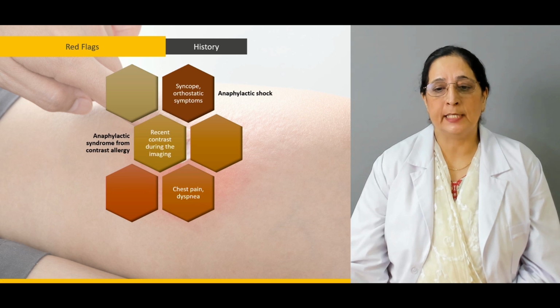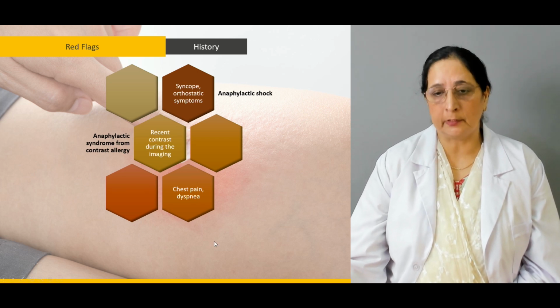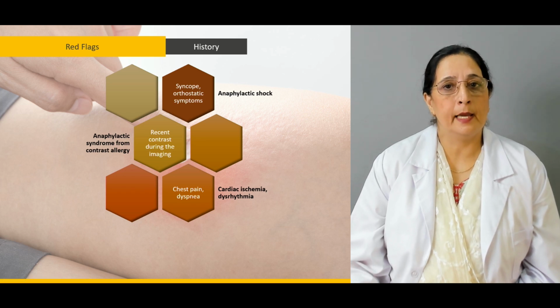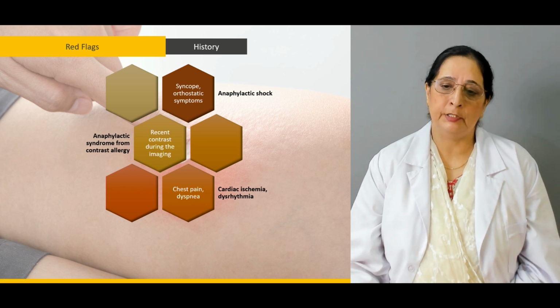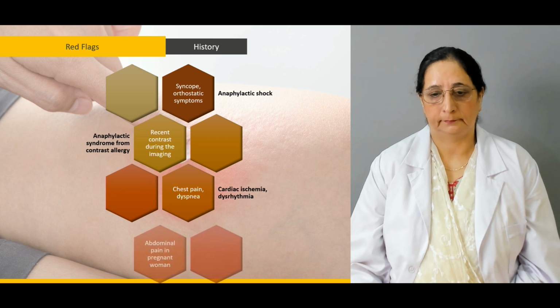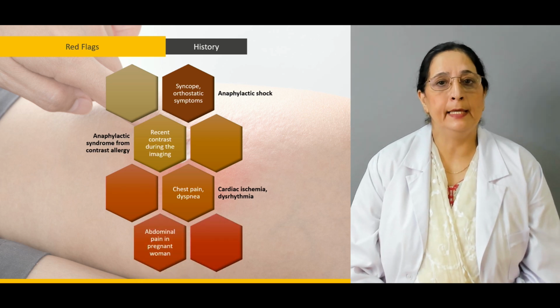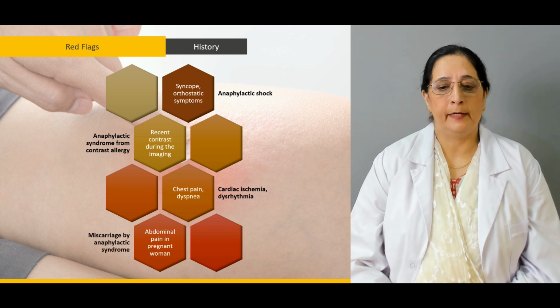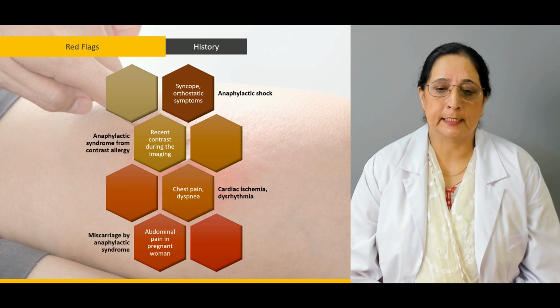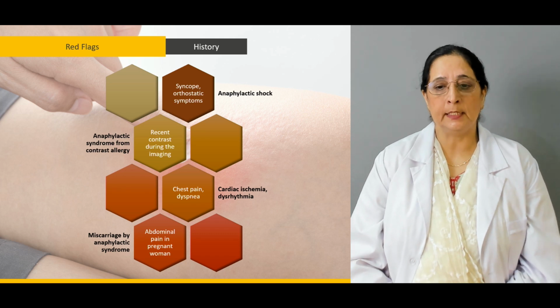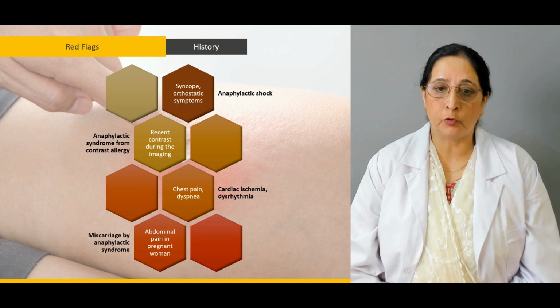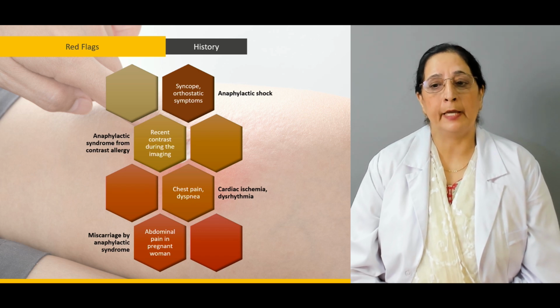Then chest pain and shortness of breath can be due to cardiac ischemia and dysrhythmia. Abdominal pain in pregnant women, miscarriage by anaphylactic syndrome. All these can occur as a result of anaphylactic syndrome or anaphylactic reaction.